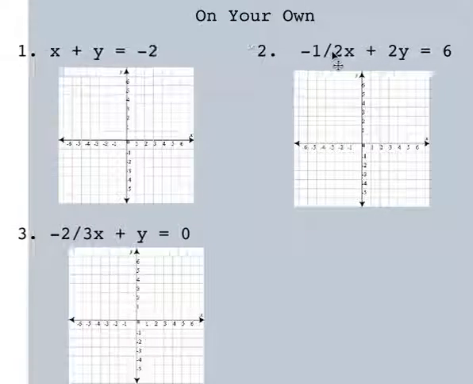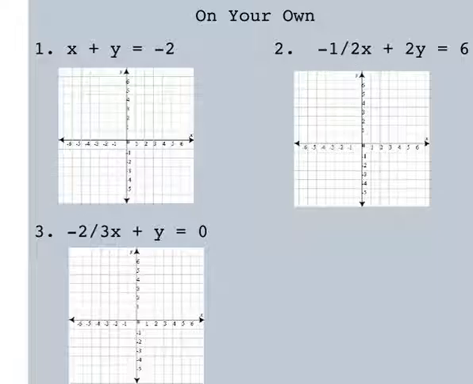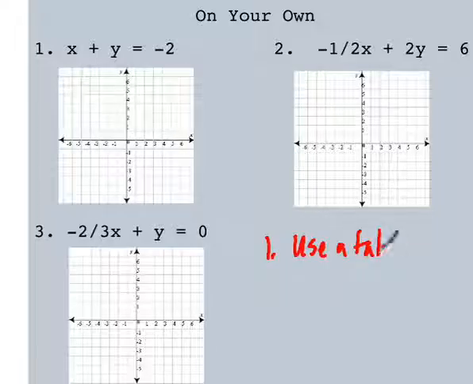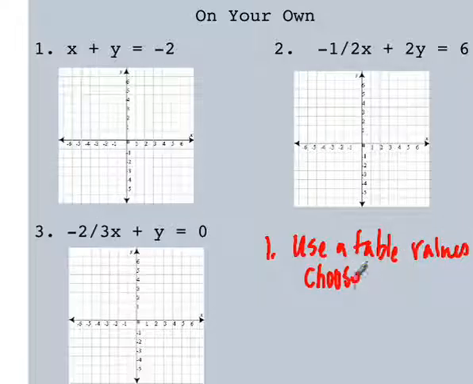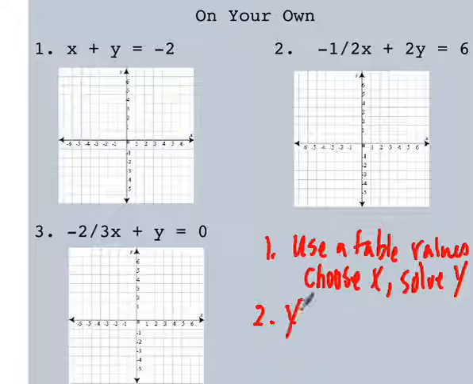And now it's your turn. You have 3 problems. And notice that I did not tell you which method to use. We have 3 now. Using a table of values. You choose the x, then you solve for y. That's 1. The second way is slope-intercept form.